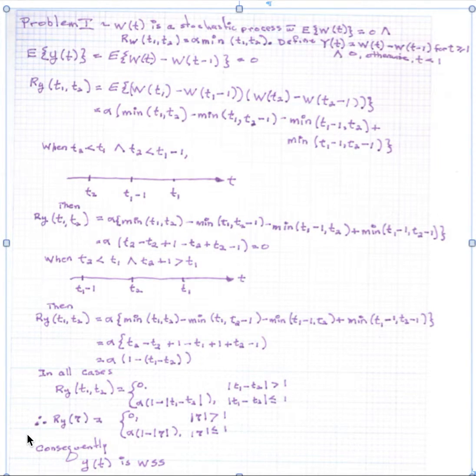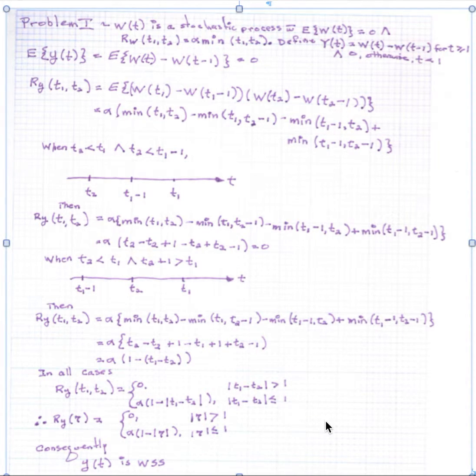When we combine all this, we end up with R_Y(tau), which is basically a combination of T1 and T2, where tau may be equal to T1 minus T2. We combine these and we end up with R_Y(tau) equal to 0 when the absolute value of tau is greater than 1, and correspondingly equal to alpha times 1 minus the absolute value of tau when tau is less than or equal to 1.